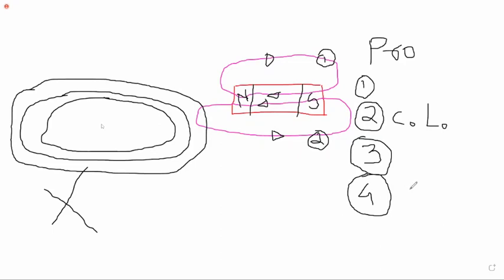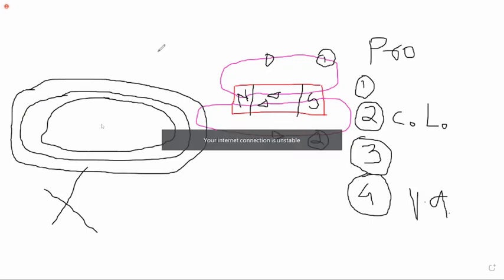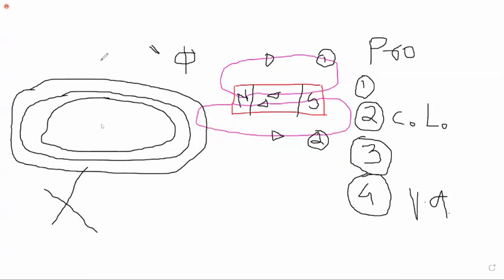Flux is shown by phi, and the unit of magnetic flux is Weber.